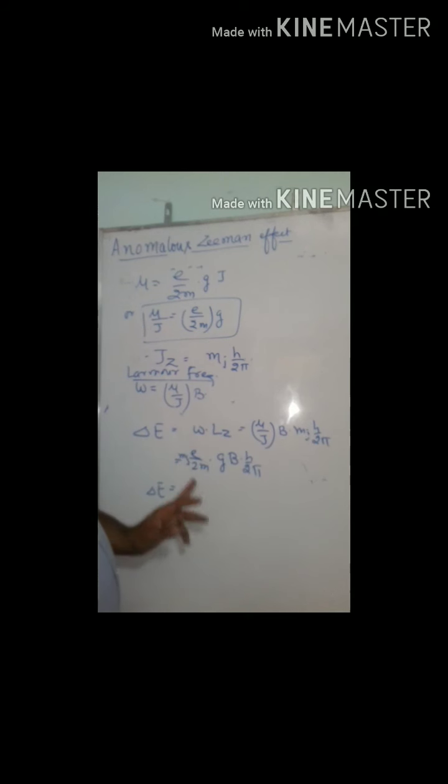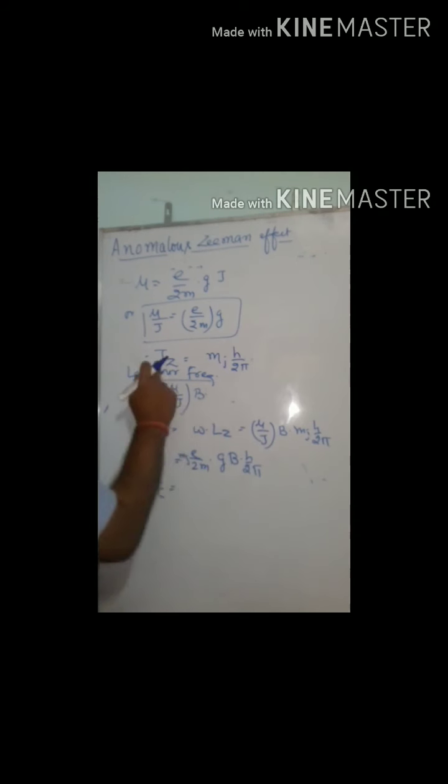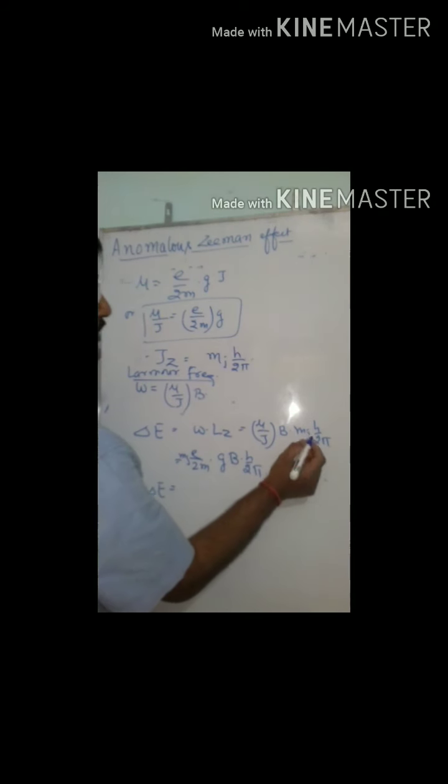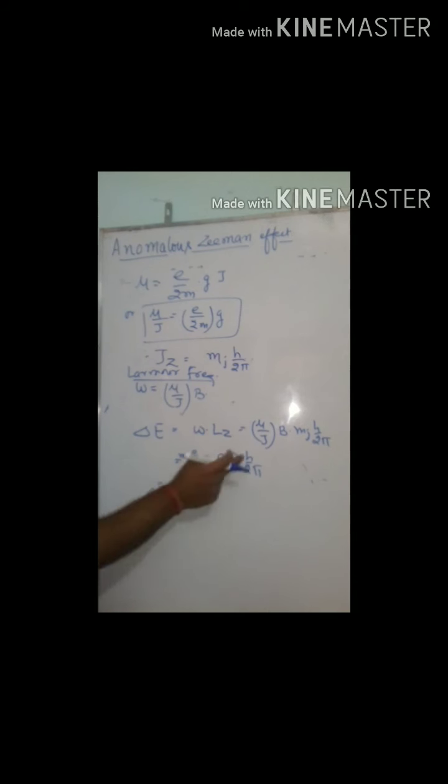Mu upon J is E upon 2m, B is taken over here, and Jz is mj into h upon 2 pi, so h upon 2 pi I have taken over here.